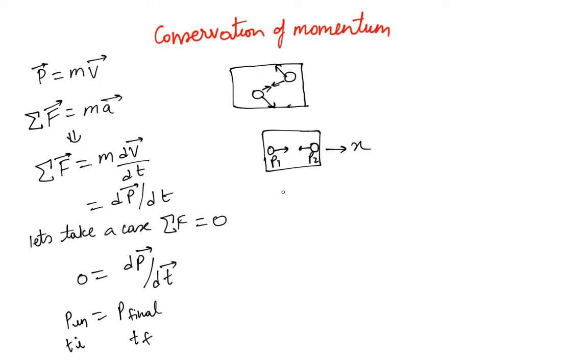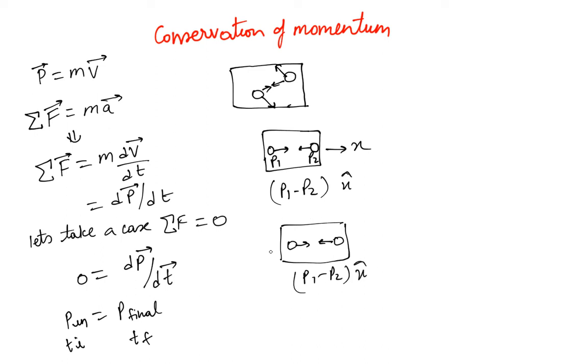This is the x-axis. Then we start with the momentum p1 minus p2 in the x direction, and if you leave it like that, we will observe that after some time the system, we don't know how it will be, maybe it will just keep colliding like this, will still be p1 minus p2 x hat.